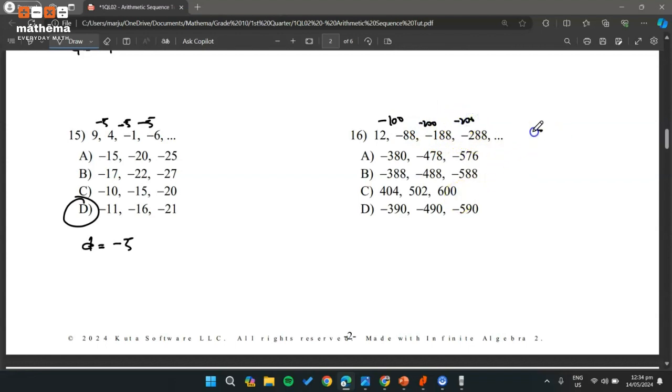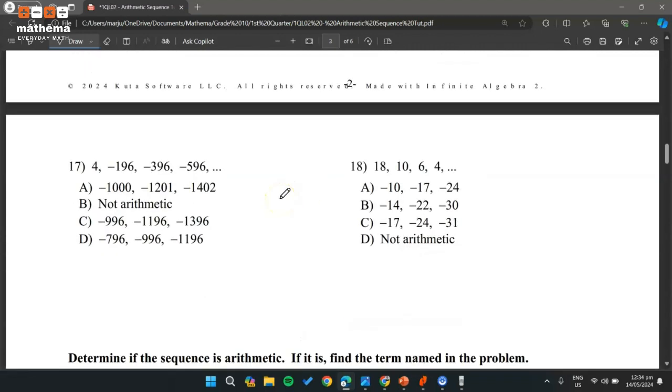So our d is negative 100. All we have to do is add negative 100 to negative 288. That gives us negative 388, and then negative 488, and then negative 588. So B will be our answer for number 16.